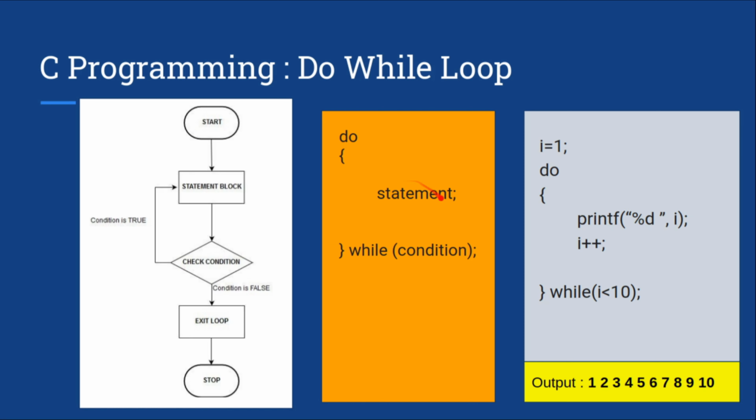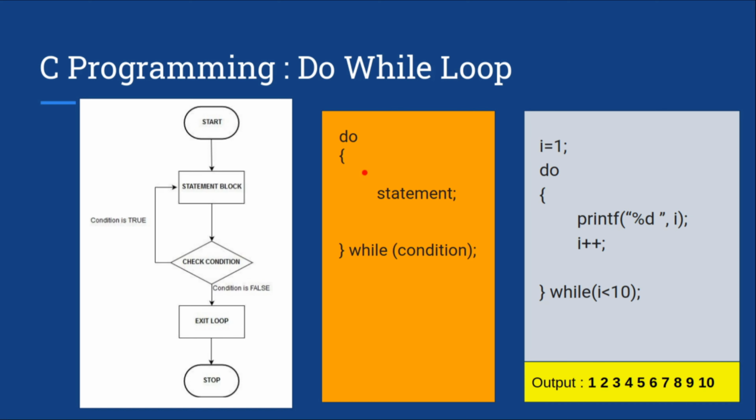It will directly execute this statement block, and then it will check this condition. If the condition is true, then it will execute the statement again, otherwise it will execute once and go out of the loop, right?